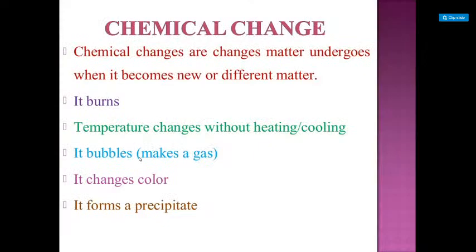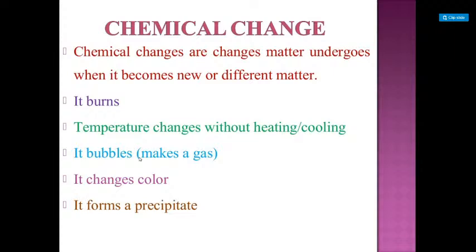But whenever you see, like we are studying chemical reactions, wherever a chemical reaction is taking place, it means the chemical reaction always involves chemical changes, and in chemical changes matter undergoes a change when it becomes new or different. Like in physical changes, what we have observed, no new substance will be formed, but during chemical changes, always a new substance will be formed.